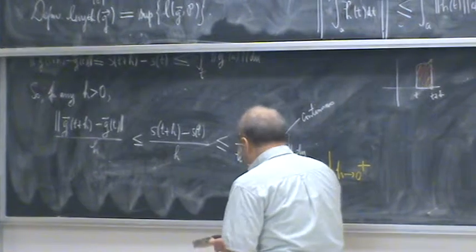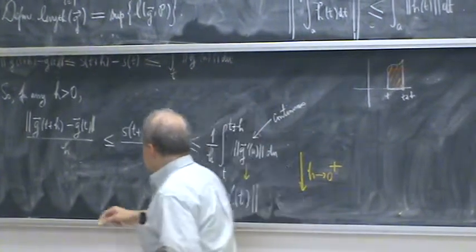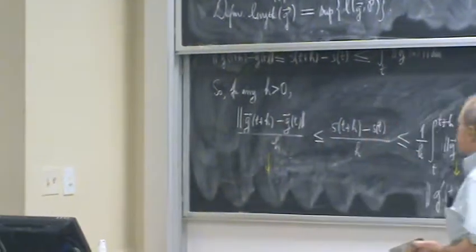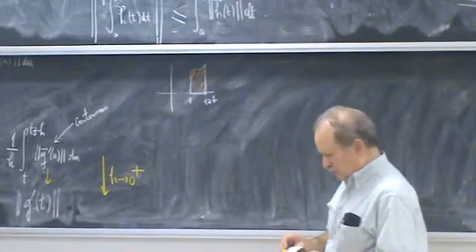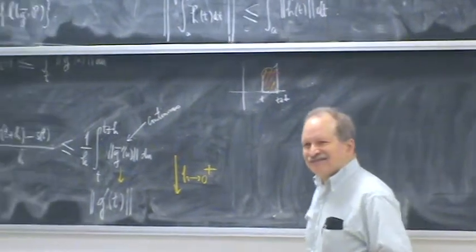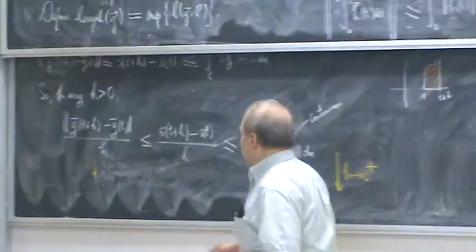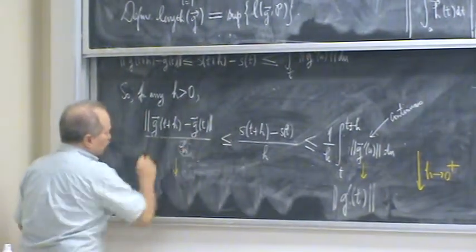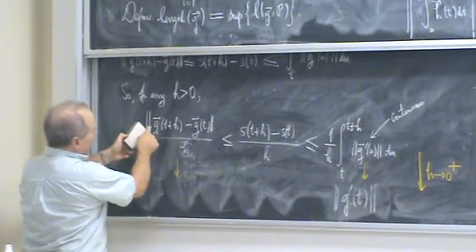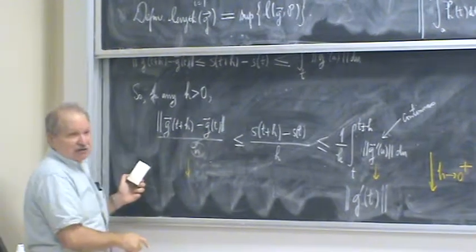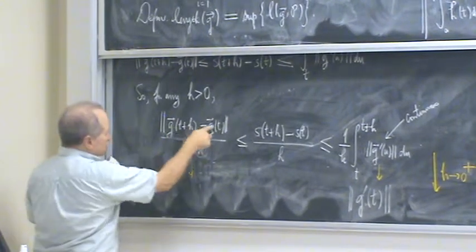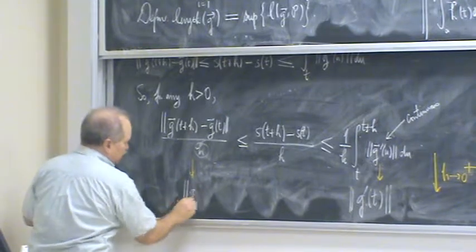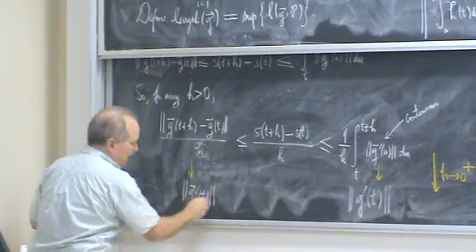So this goes to that. What does this go to? The same thing, right? Because this is already a positive number, so I can say this is the magnitude of the vector over h, and that approaches the magnitude of the derivative. The limit of the magnitude is the magnitude of the limit.